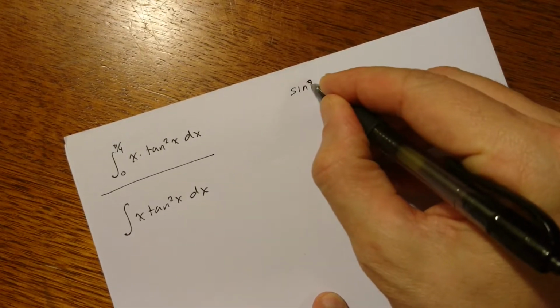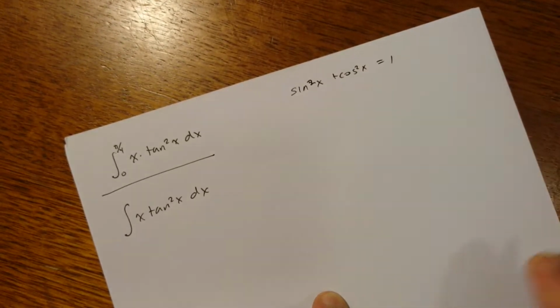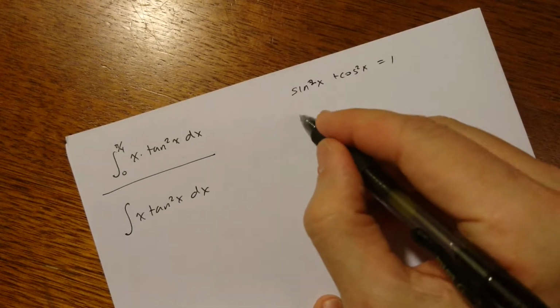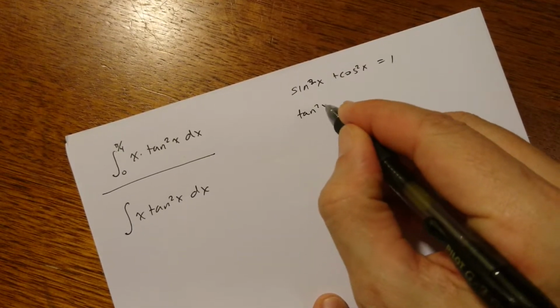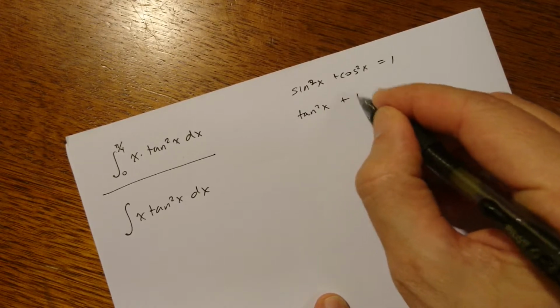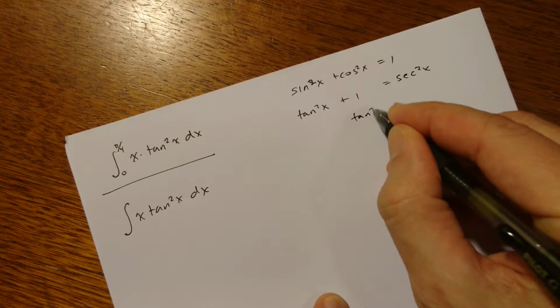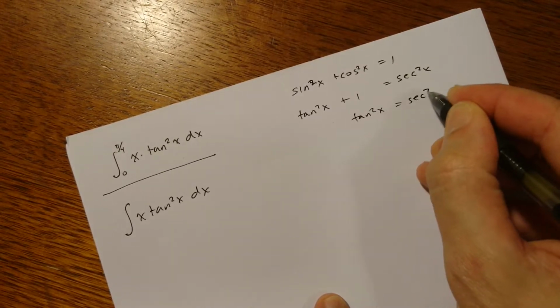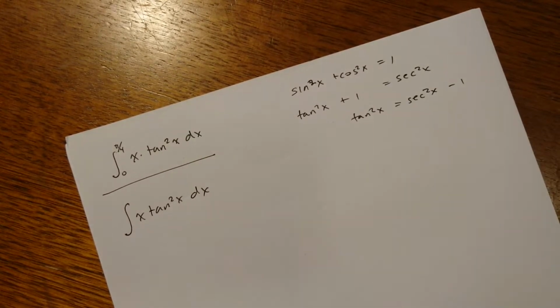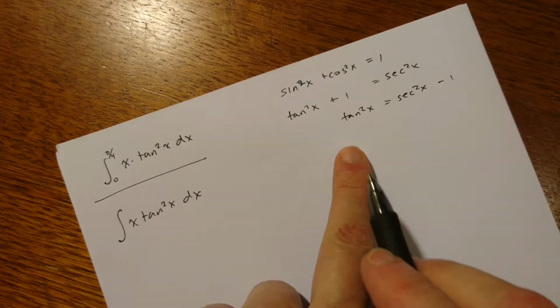Hopefully we all remember sine squared x plus cosine squared x equals 1. If we divide everything there by cosine squared, we get tangent squared x plus 1 equals secant squared x, or tangent squared x equals secant squared x minus 1. So this is what I want to replace tangent squared with.